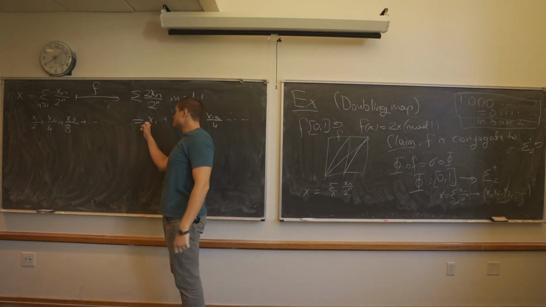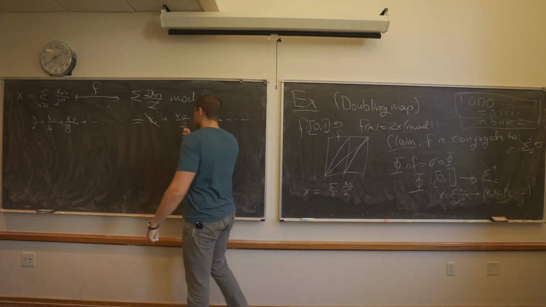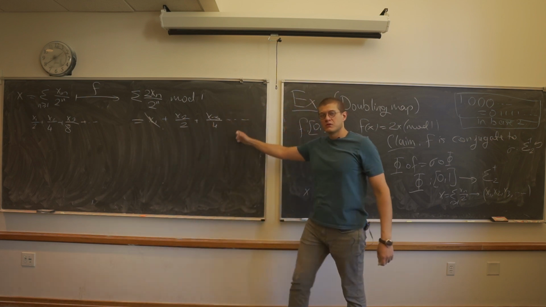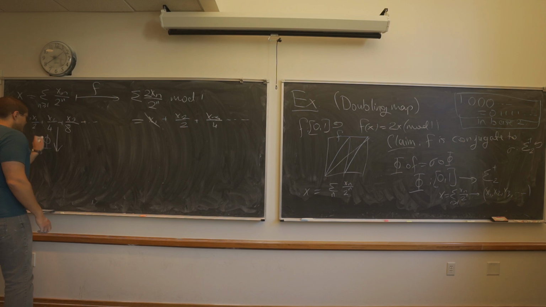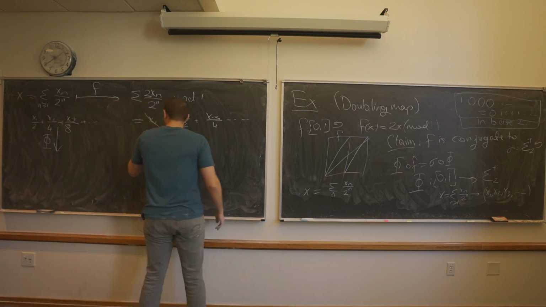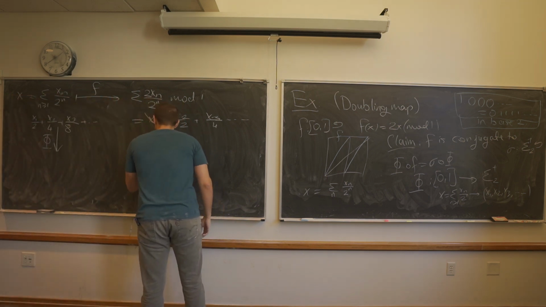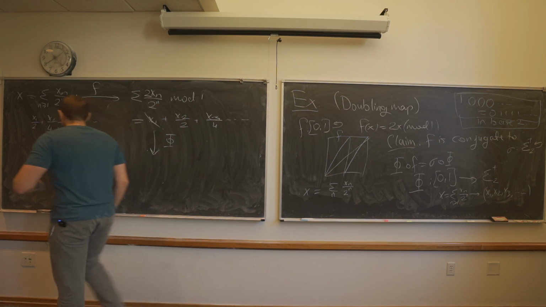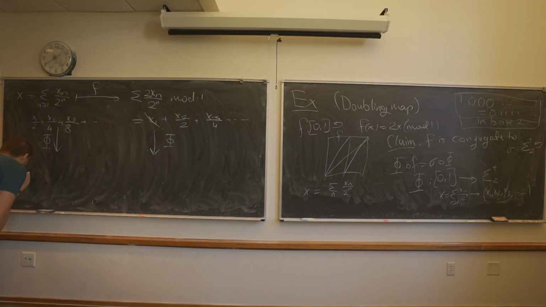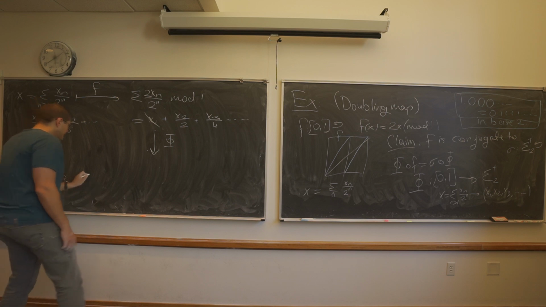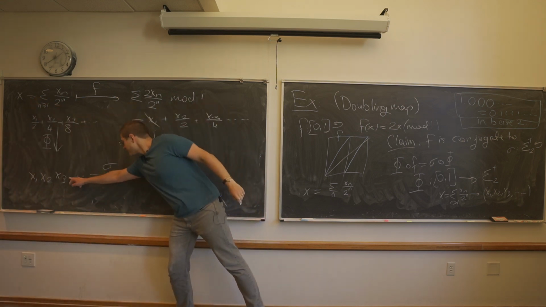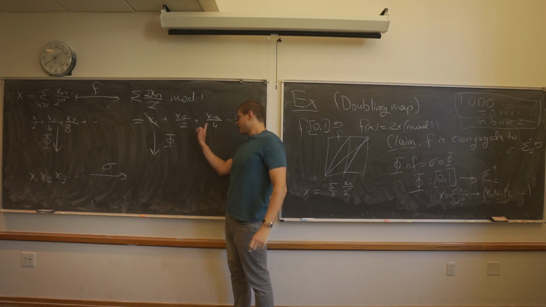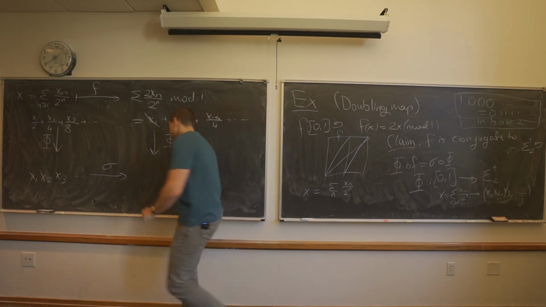But x1 is an integer, which means that this goes away mod 1, and I'm left with this guy. Under the conjugacy, which I hope now justifies that this indeed is a conjugacy, this is sent to the sequence x1, x2, x3, and so on, and the shift transformation takes this guy to where this guy should be taken under phi.